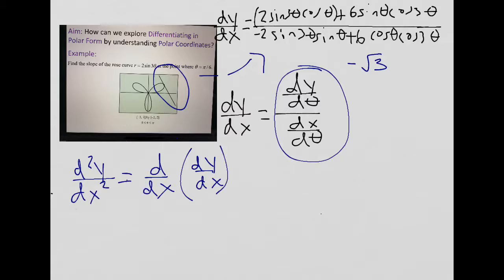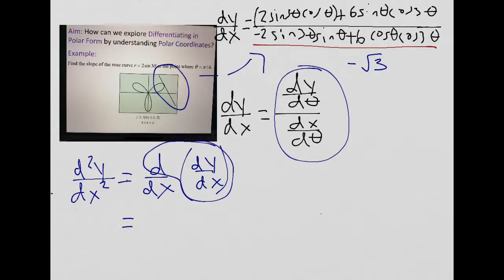That means that in order to do this particular problem, we need to kind of break up what we're doing for that dy over dx, and take its derivative with respect to theta, because we can see our answer over here, everything's in terms of theta.